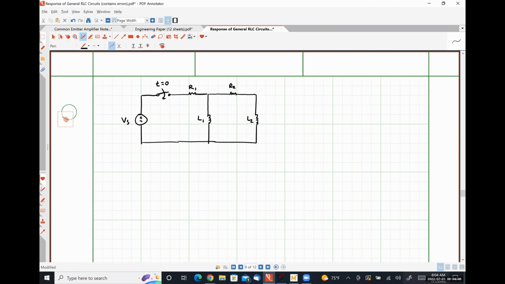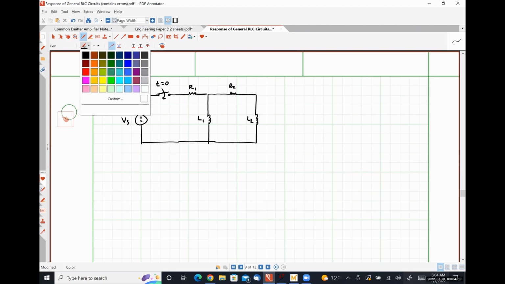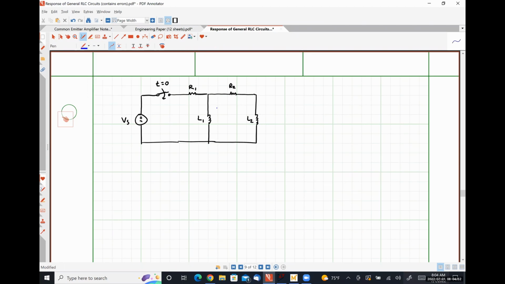I'm going to define my quantities of interest. So we're going to have a voltage drop over inductor L1, a voltage drop over inductor L2, current flowing through inductor L1, and a current flowing through inductor L2, like so.